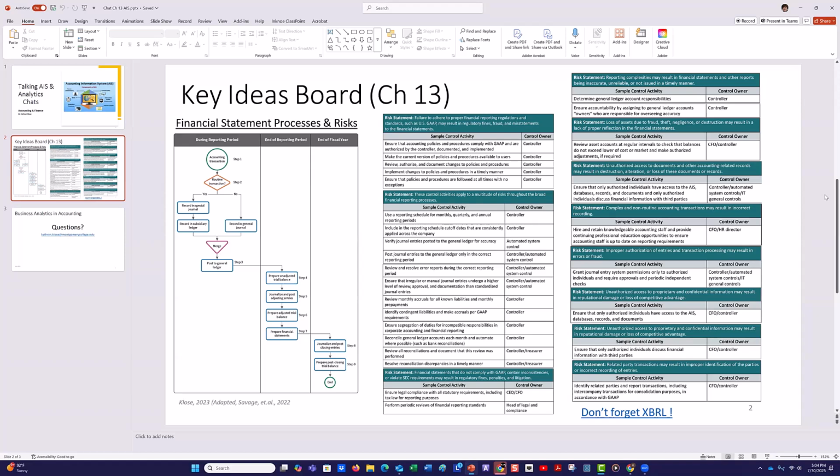So the general ledger categorizes or arranges things by account. So there's going to be cash, there's going to be AR, there's going to be AP, there's going to be payroll, there's going to be rent expense, right? All those accounts that we see in a company's chart of accounts.